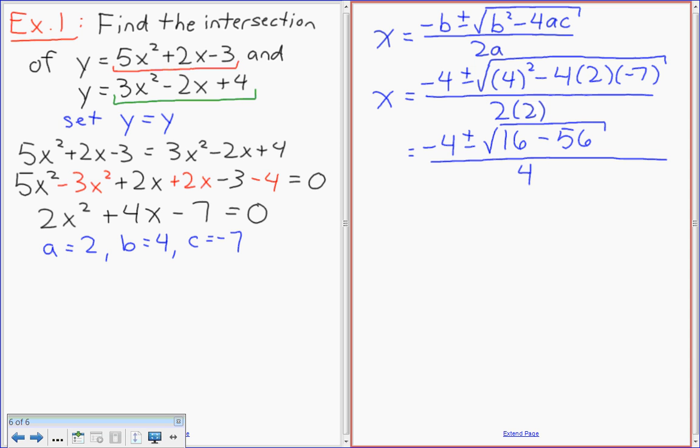All right, Thomas, unfortunately that is wrong. I'm sorry, Thomas, you probably got this right, okay? Why is negative 56 wrong? Liam, why is negative 56 wrong? All right, good, because negative 4 times 2 is negative 8, and then negative 8 times negative 7 is actually plus 56. Okay, good.